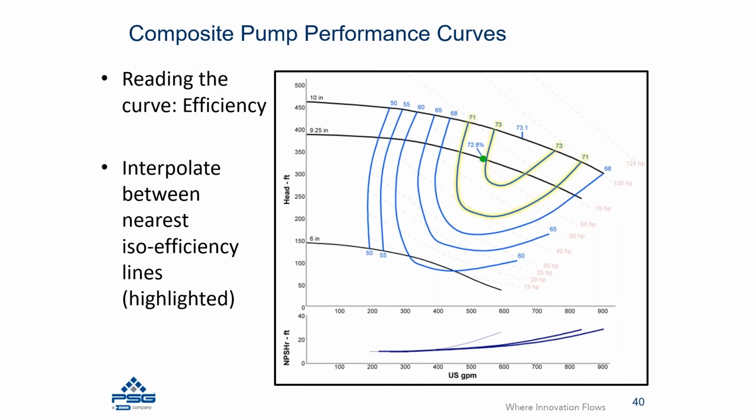And because the dot is very close to the 73 curve, this particular dot represents 72.8% efficiency. Now, if that dot had been closer to the 71 line, then it would be closer to the 71. But through interpolation, this particular pump is going to operate at 72.8.